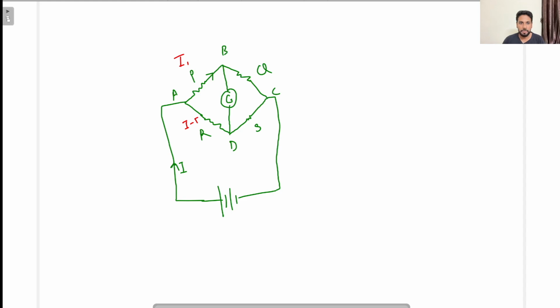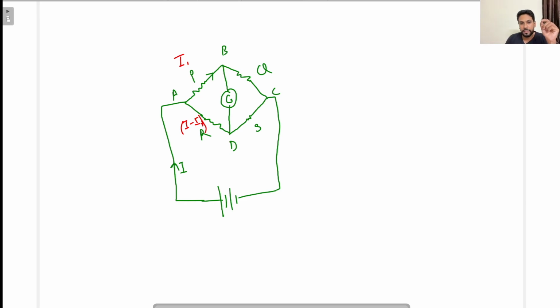Because if I1 is going in one branch, the other branch is going to have I minus I1. Just like a flow of water into tributaries, some of the water is going to go this side, some this side. So I1 has gone to AB, so the remaining I minus I1 is going to AD.